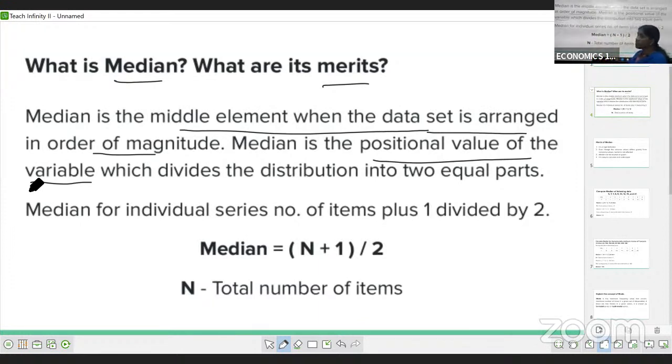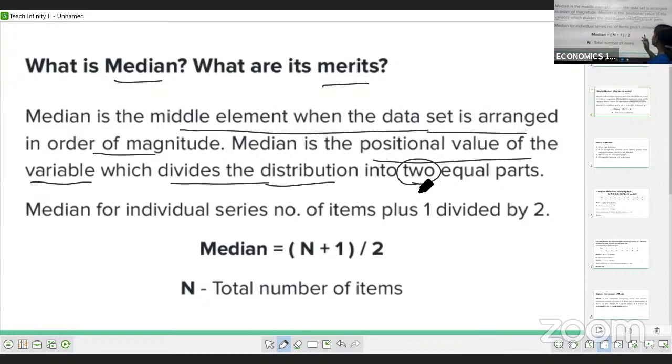And what is the median doing? It is dividing the given data or variable into two equal parts. Then it is called a median. So it is a middle element.